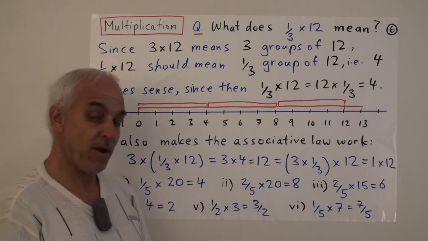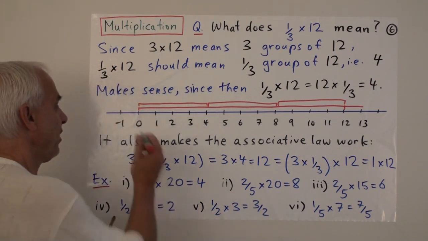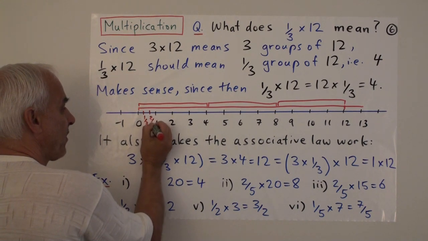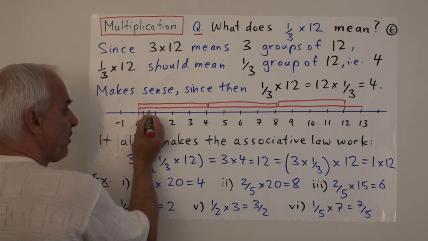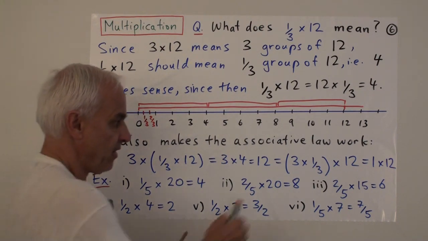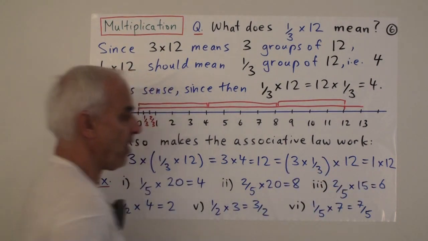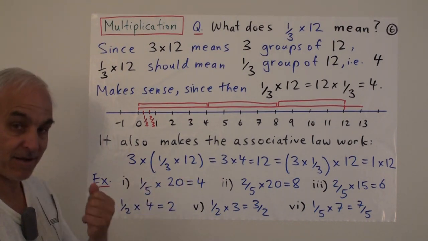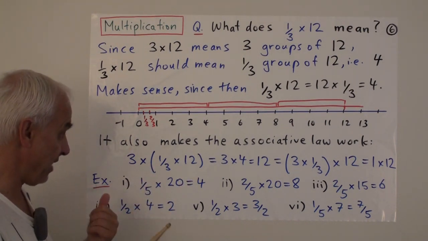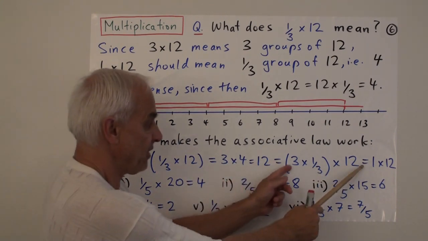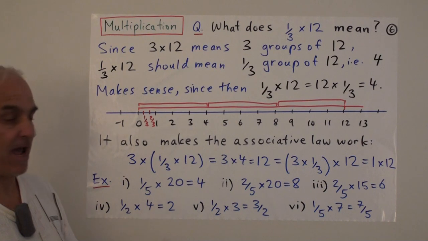And what is 3 times 1/3? Well, there's 1/3, there's 1/3. So 1/3 plus 1/3 plus 1/3, 3 times 1/3 is 1, of course. So this is just 1 times 12, or 12. So our interpretation of this as 4 is consistent, because it makes this product equal this product, which we want to happen.